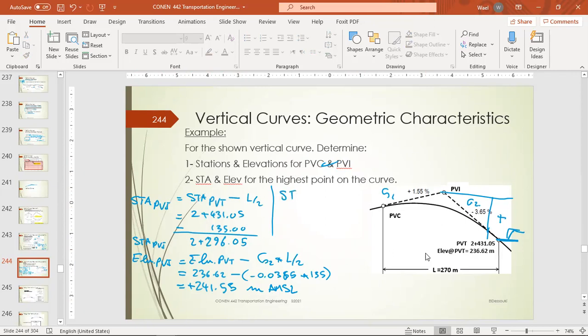The BVC equals the station of BVT minus L. So here it's 2 plus 431.05 minus 270.00. Here we have 50.1 and here 6 and here 1. So that's the station of BVC.